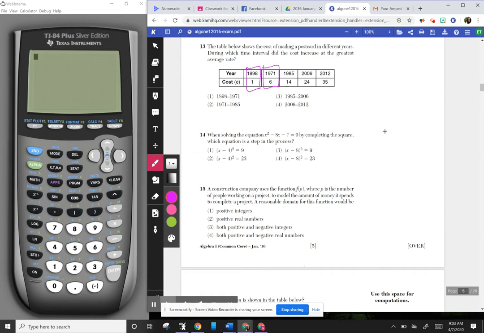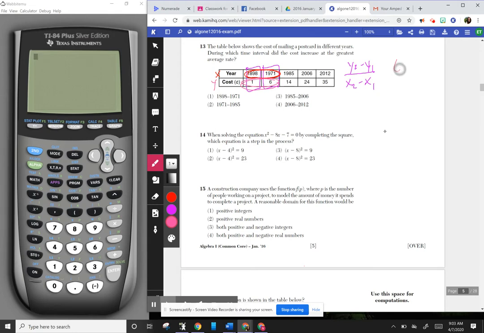So to do that, we have to do y2 minus y1 divided by x2 minus x1. So we're basically just going to subtract the years, subtract the cost, and divide. In this case, the year is x and the cost is y. So I'm going to do the cost first since y is in the numerator.